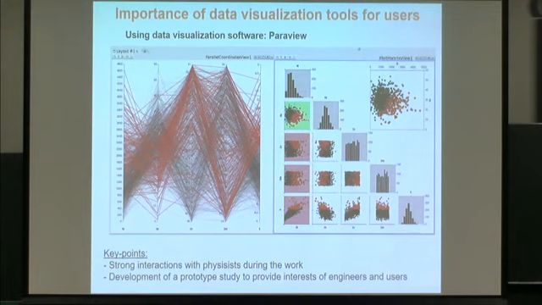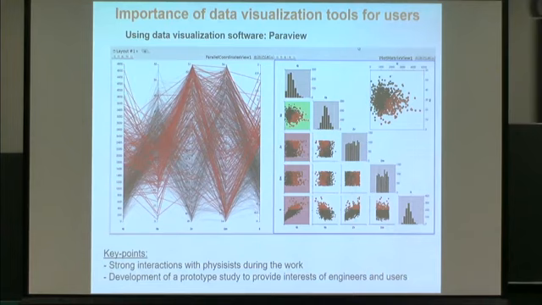The ParaView software is developed by the company Kitware, an American company. They developed this kind of platform to visualize data and make the link between the scatter plots and the cobweb plots.